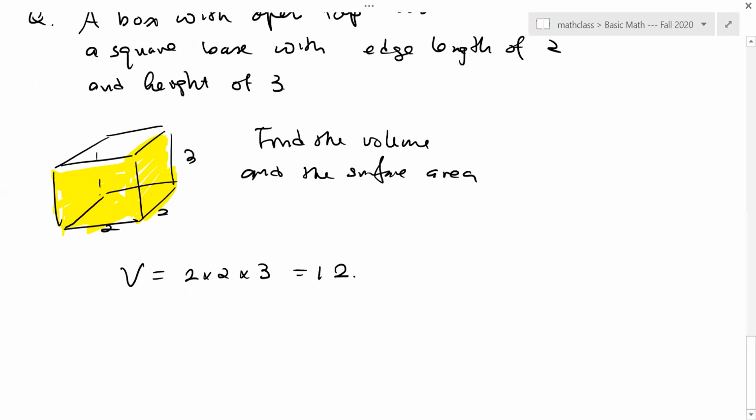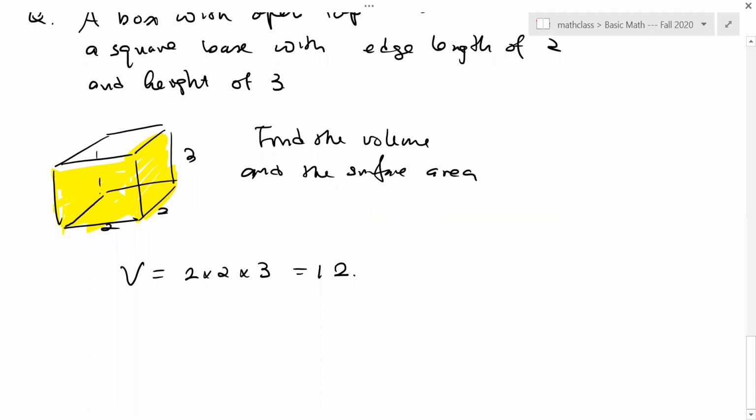Now, to count the surface area, be careful. You have to look at the front and the back, so you double it. And the sides, you have 2 sides, so it's going to be 2 times 3.